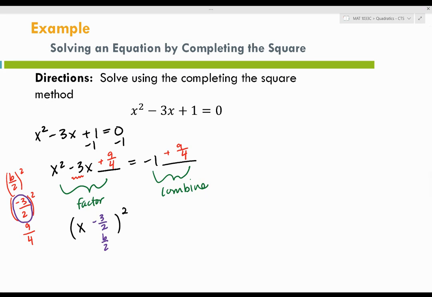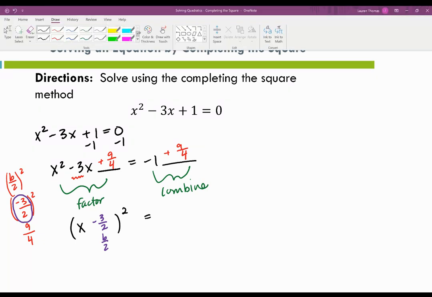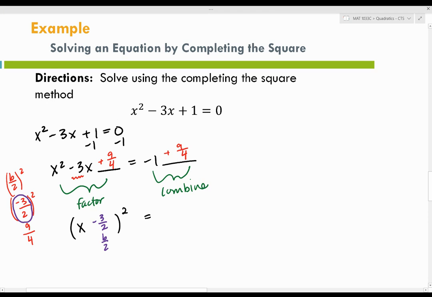And then we're going to combine the right-hand side. So that's -1 plus 9 over 4. That's a whole number and a fraction, so the only way we're going to be able to combine that is if we have a common denominator. So I'm going to multiply the -1 by 4 over 4. That gives me -4 over 4 plus 9 over 4, and when I combine that, that gives me 5 over 4.